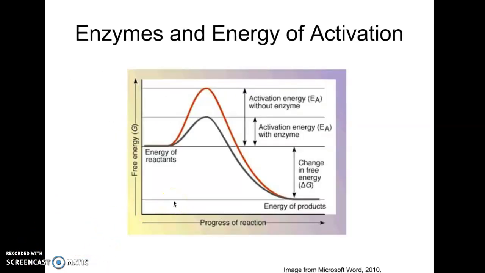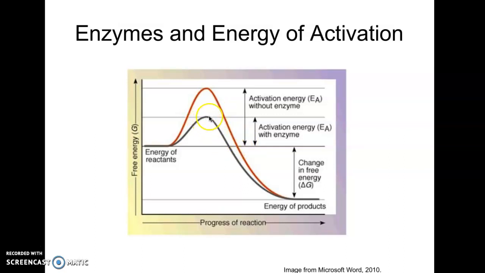So this is just a graphic that shows enzyme and energy activation. The energy of reactants is here. As we move up the chart, this is what we call free energy, and this is the progress of the actual reaction. You can see these two lines that go up and then end up in the same place. This is activation energy with an enzyme, so this area right here.